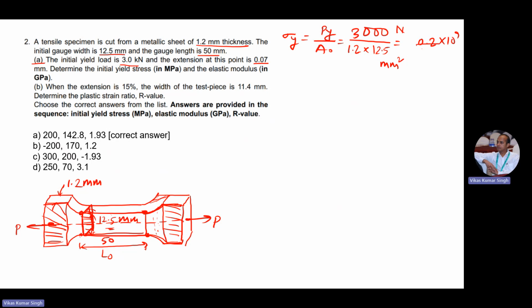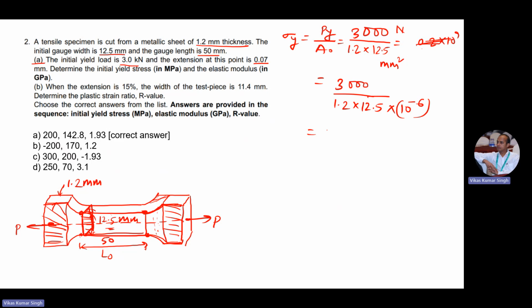Okay, let me solve this. This will be 3000, and I am just writing here 1.2 into 12.5 into 10 to the power minus 6.